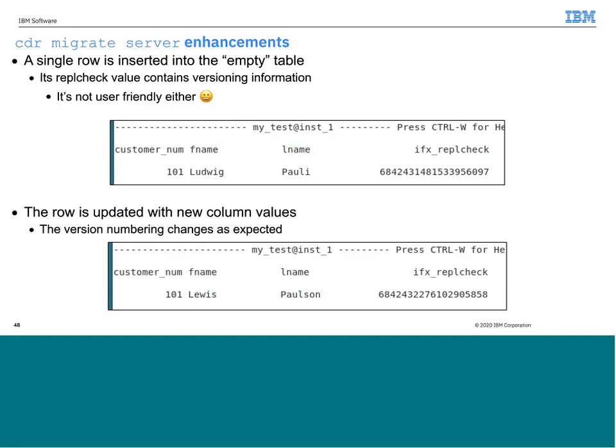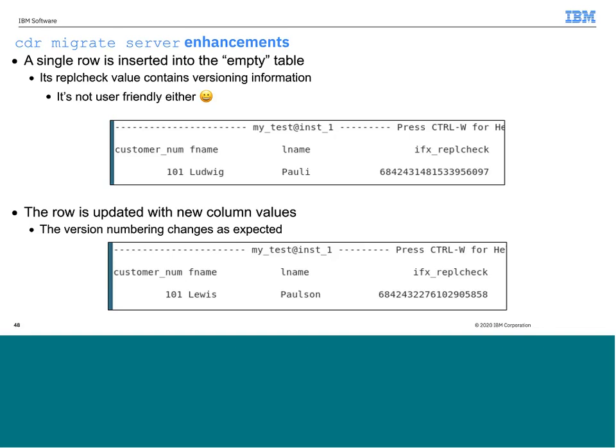So now I insert a single row into the empty table, and I look at its REPL check value. And you can see it has this type of a checksum information. And then I update it with some new information. I changed the last name to Paulson and the first name to Lewis. And you can see that the version number has changed on the row, but still the root of the row, 68424, actually goes just to 6842.